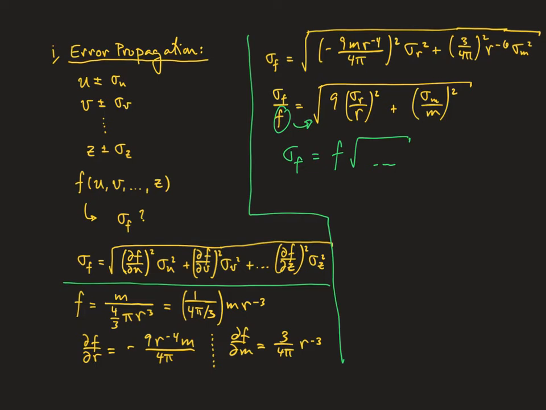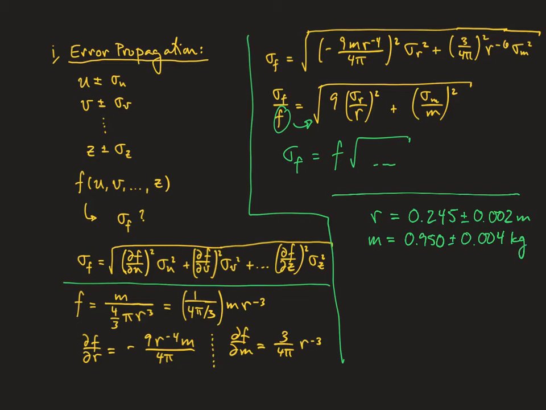Okay, so let's put some numbers in now. I'm just following the lab manual here. Suppose that we are going to take the radius to be 0.245 plus or minus 0.002 meters, and take the mass to be 0.95 plus or minus 0.004 kilograms.